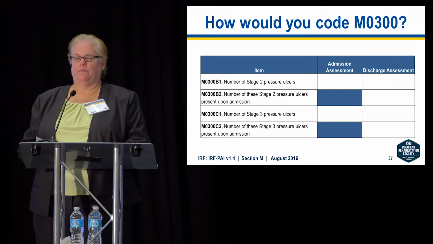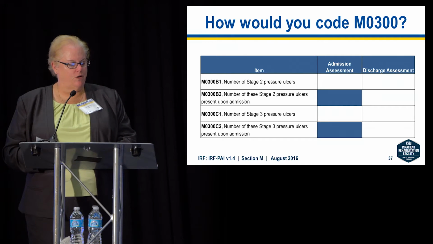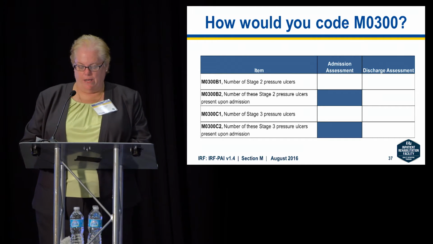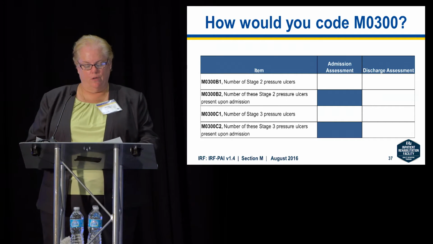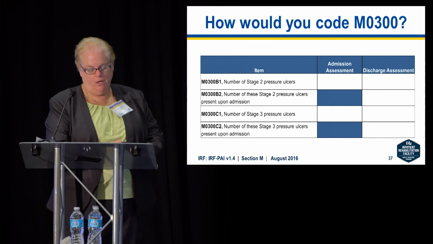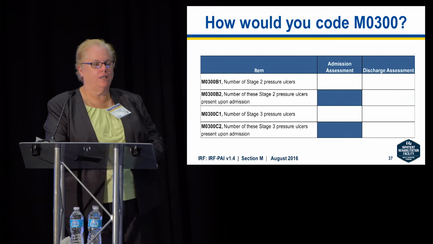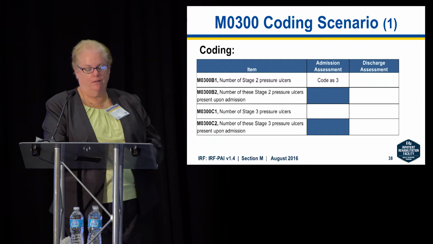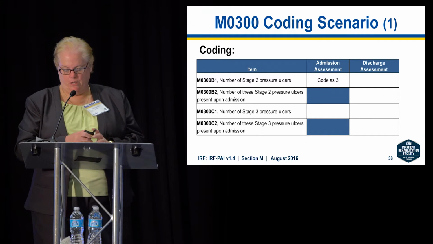All right, we ready? Hopefully you're ready there on streaming video that you've coded this. So how would you code M0300B1, the admission assessment? The number of stage 2 pressure ulcers on admission. How many did they have on admission? 3, correct. Number 3, stage 2 pressure ulcers on the coccyx.